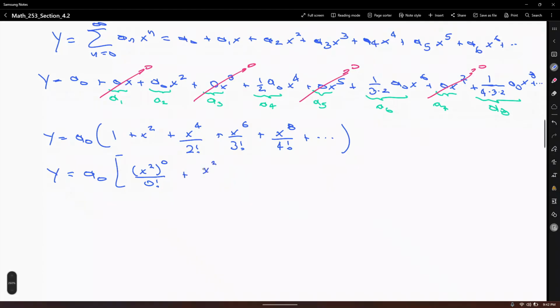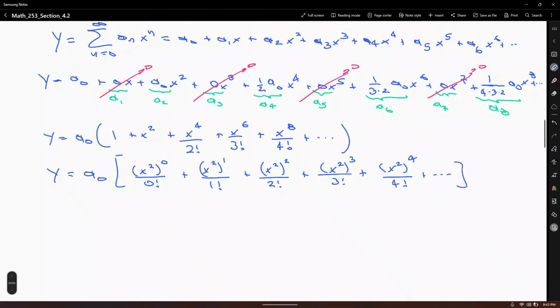Plus x squared, quantity to the first power, divided by 1 factorial, which is the same term right here, plus x squared squared over 2 factorial, plus x squared cubed over 3 factorial. And let me just write one more: x squared to the fourth power over 4 factorial, plus infinitely many terms.